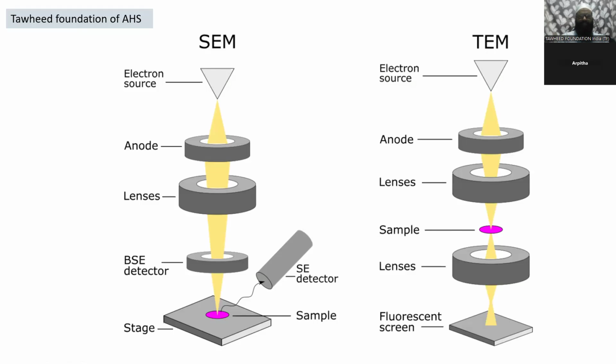It basically uses signals arising from the interaction of the electron beam with the sample to obtain information about structure, morphology and composition. The electron gun generates electrons. Two sets of condenser lenses focus the electron beam on the specimen into a thin tight beam.